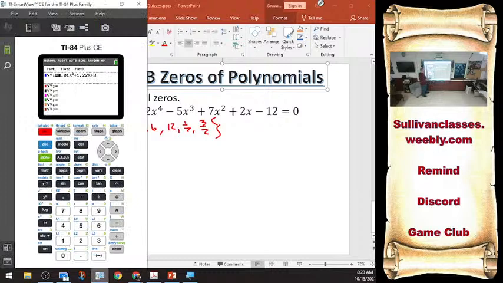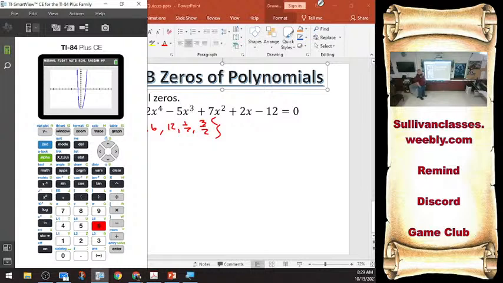I shall gaze into my crystal ball and say 2x to the 4th minus 5x to the 3rd plus 7x squared plus 2x minus 12. And I'll say, if I'm going to narrow down my options, I feel really lucky about -1.